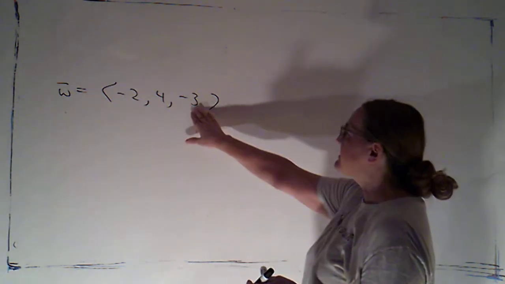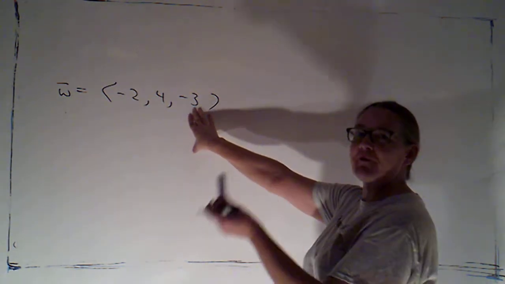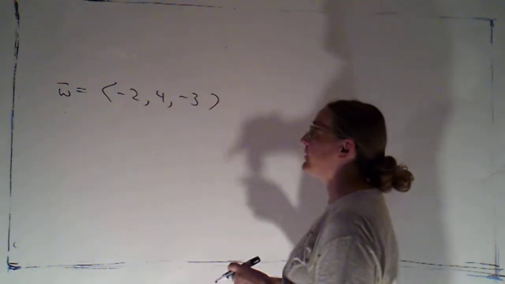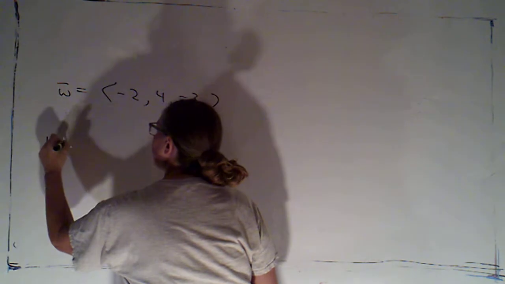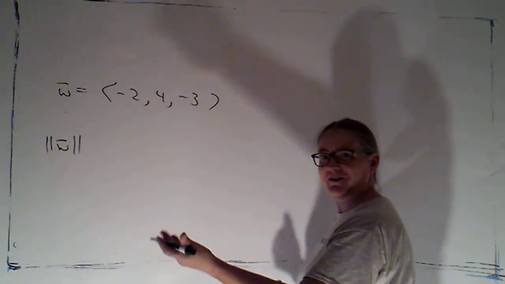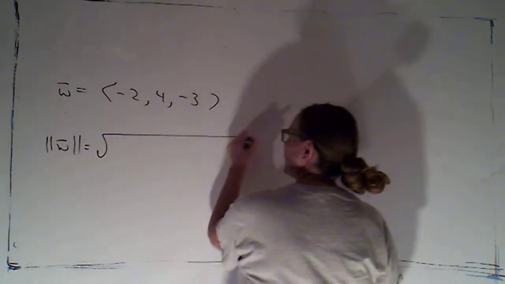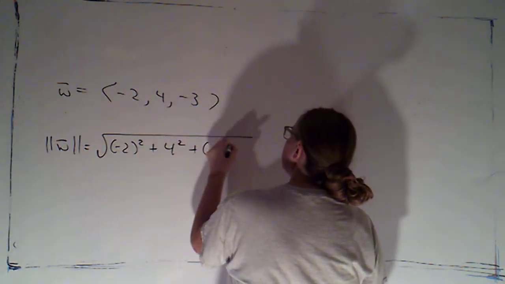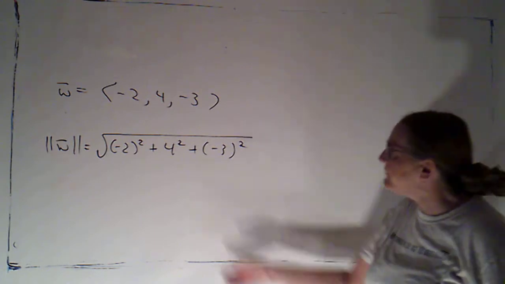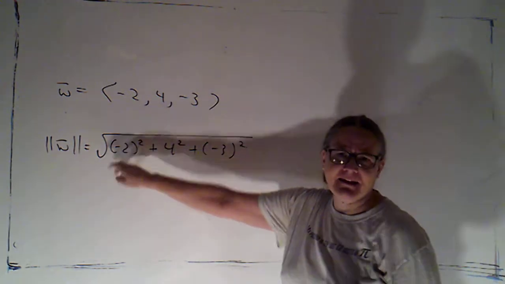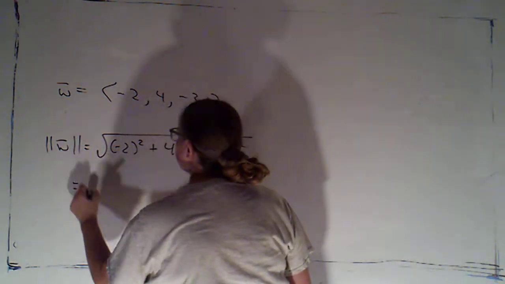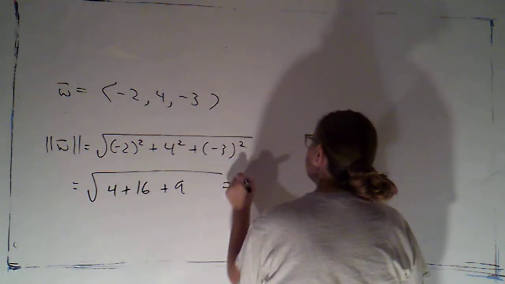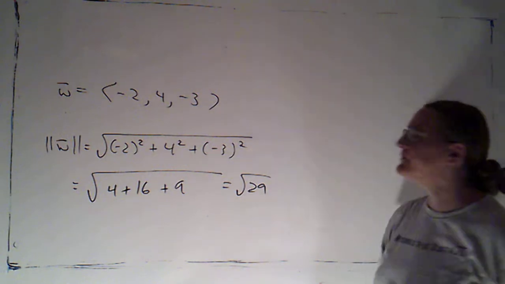Okay, so this is the position vector for the point whose coordinates are the components of the vector, -2, 4, and -3. And I know how to find the distance from a point to the origin. So this is just going to be the square root of -2 squared plus 4 squared plus -3 squared. And of course, once I square things, the negative signs just drop out. So this is going to be the square root of 4 plus 16 plus 9. That's the square root of 29.